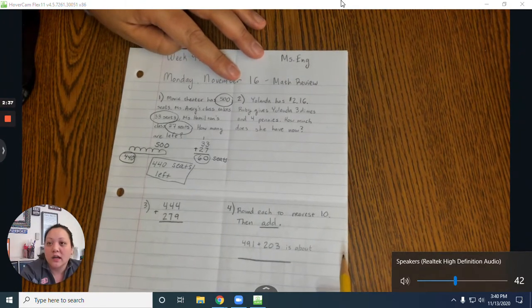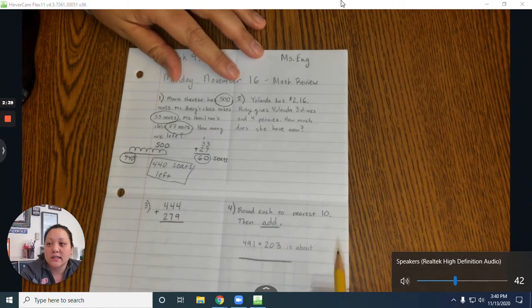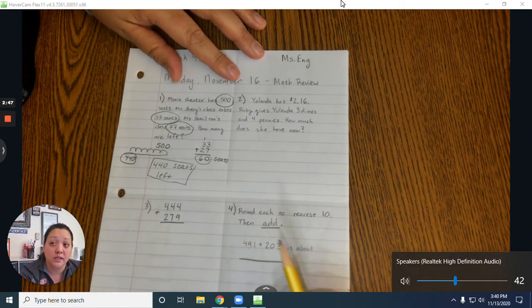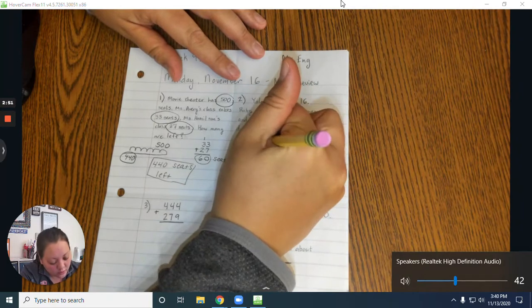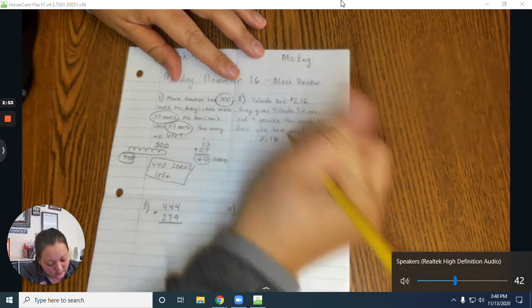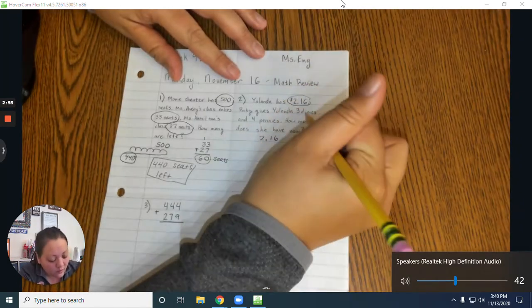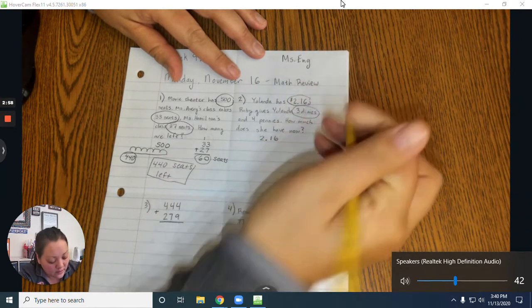Okay, Yolanda has $2.16. Ruby gives Yolanda 3 dimes and 4 pennies. How much does she have? This is also a two-step. So Yolanda is starting with $2.16. We know that. And we've got to figure out how much the 3 dimes and 4 pennies are.